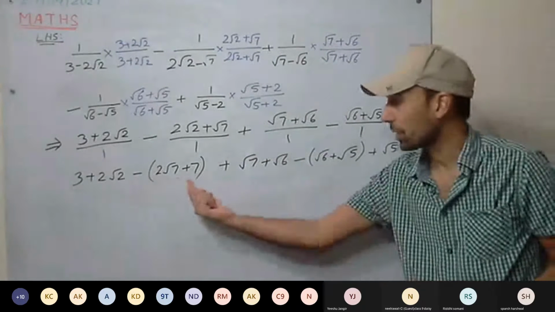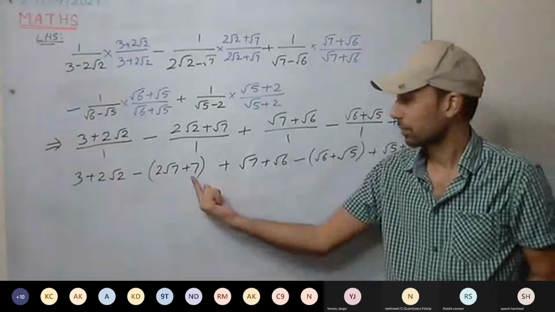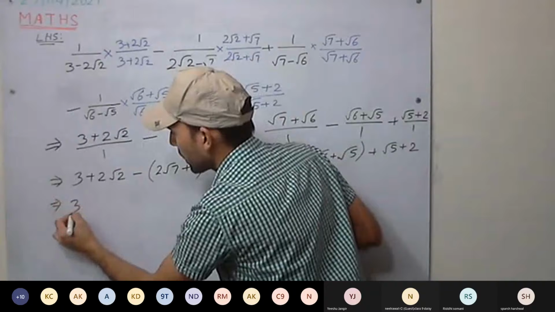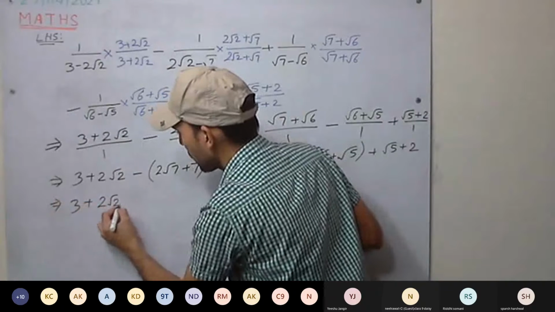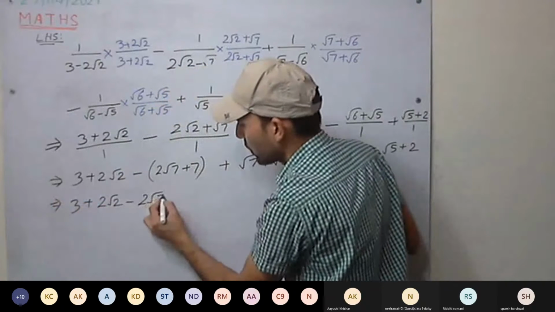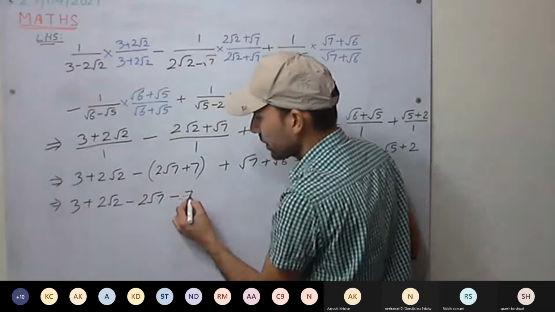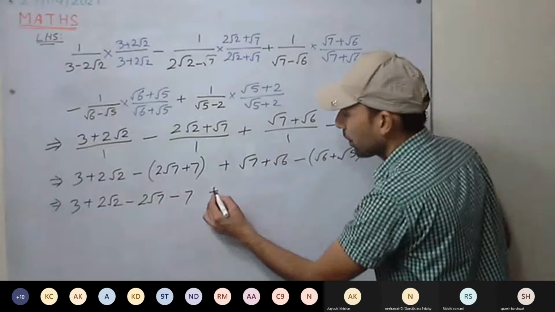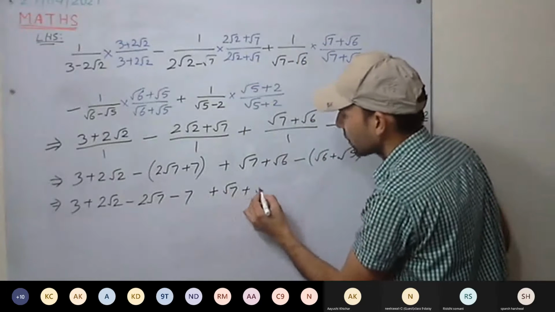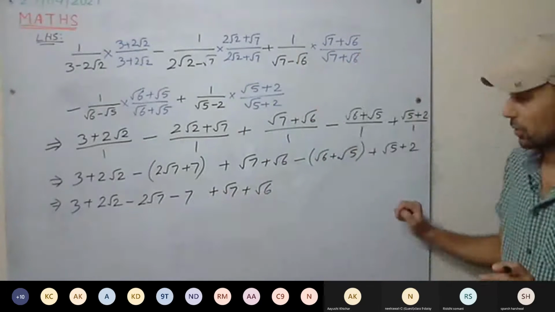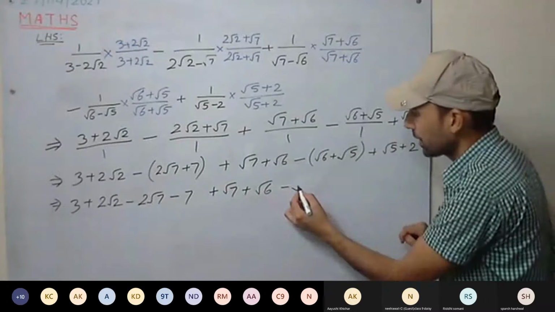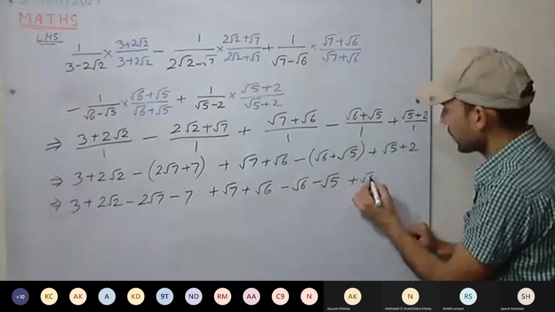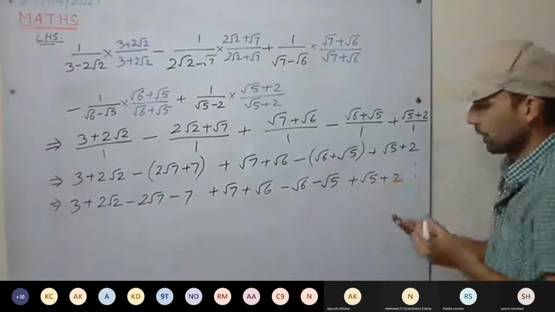Understood? Now we can open the bracket: 3 plus 2 root 2 minus 2 root 7 minus 7 plus, let's check whether I made a mistake or not, root 7 plus root 6 minus root 6 minus root 5 plus root 5 plus 2.